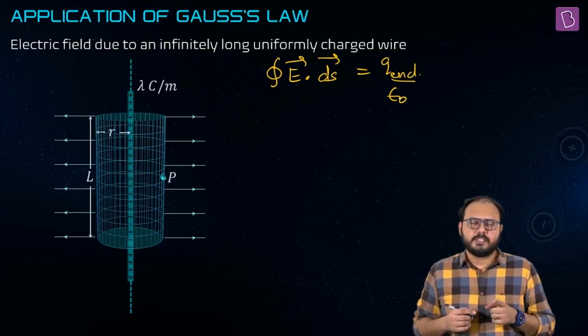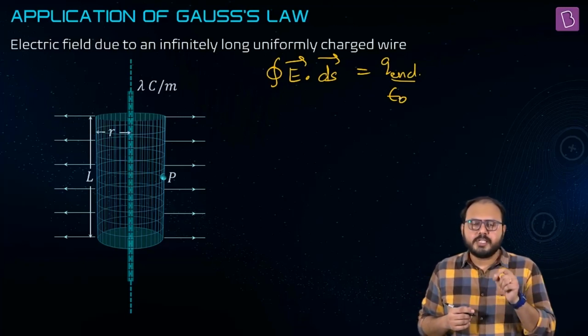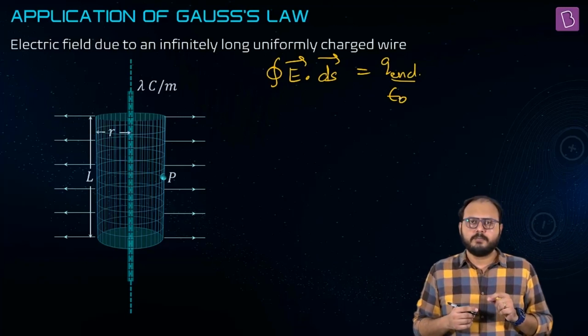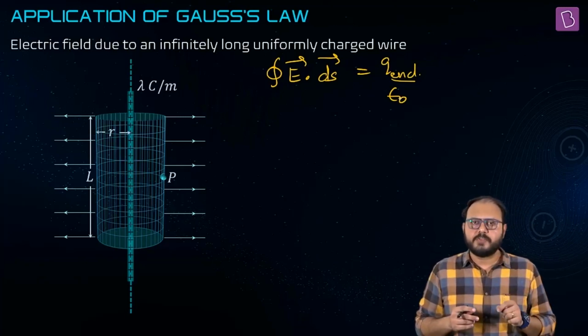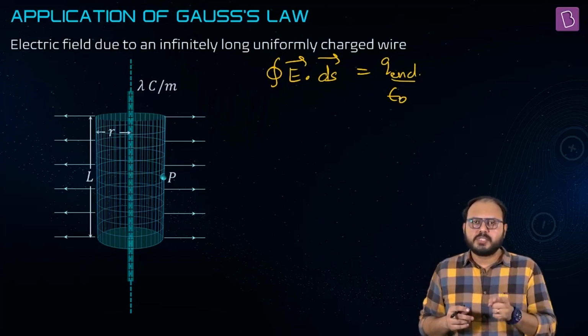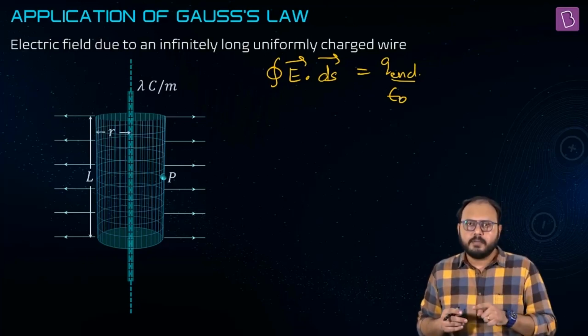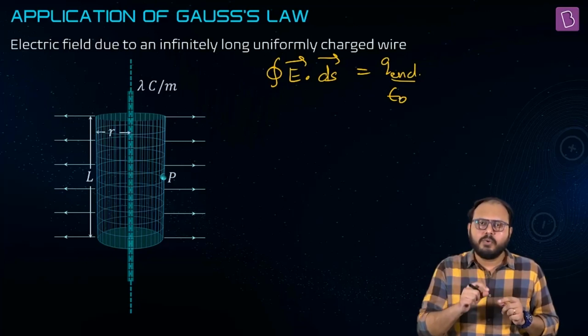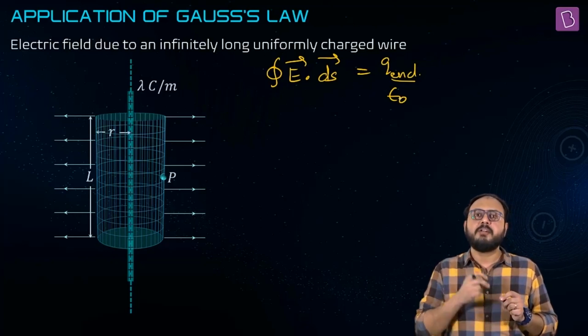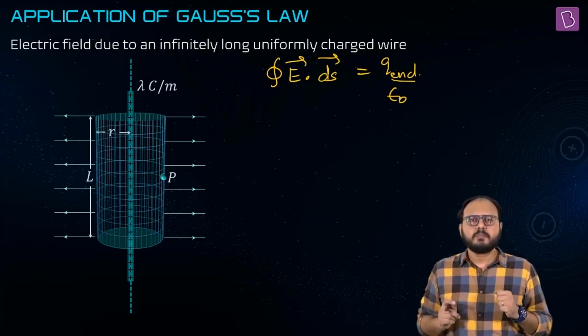That means your Gaussian surface should be chosen in such a way that it is symmetric about the charge distribution you are finding the electric field for. I'll repeat.